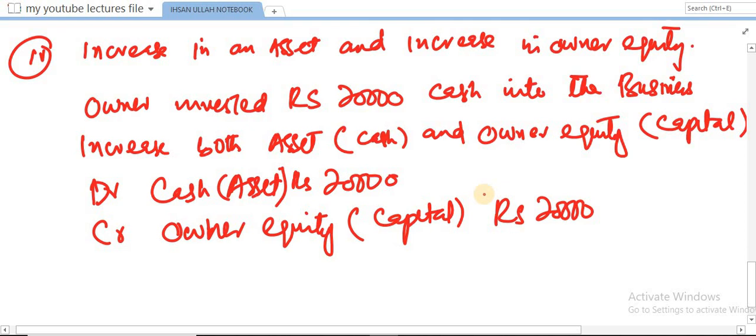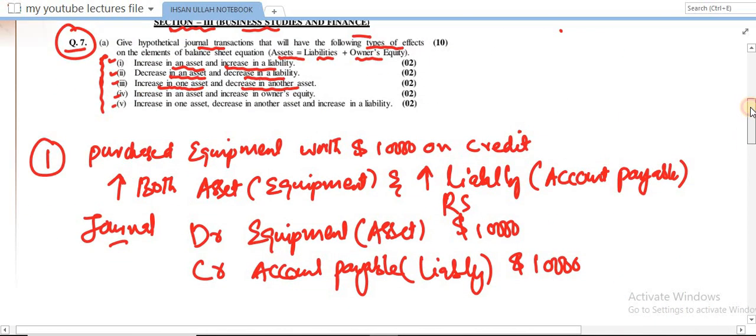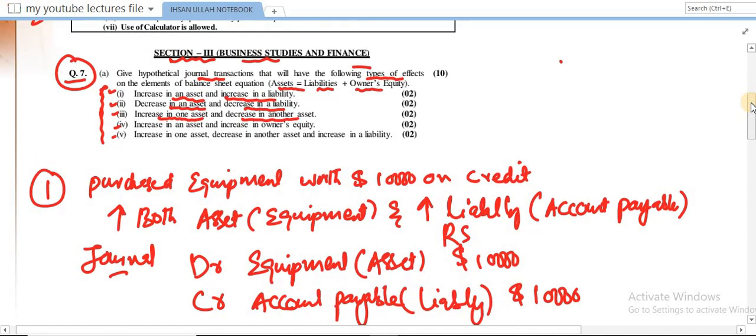Okay, let's move on to the last part. Okay, here the last one is increase in one asset, decrease in another asset, and increase in liability.